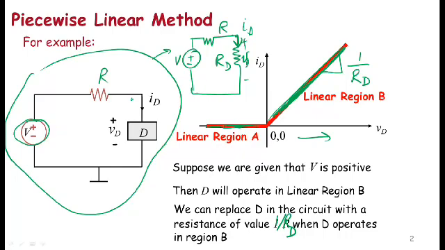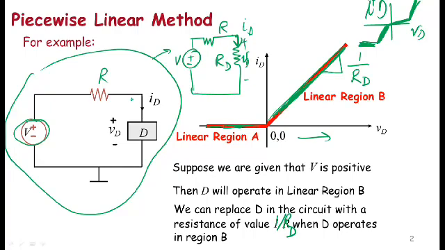But you may also have a piecewise linear device to begin with. If someone invents a new device that has some characteristic that, for instance, looks like this, this device is piecewise linear. This is VD and this is ID. If this device has a piecewise linear relationship like that, then that may be a set of device properties that comes from the device itself and not from any approximation.